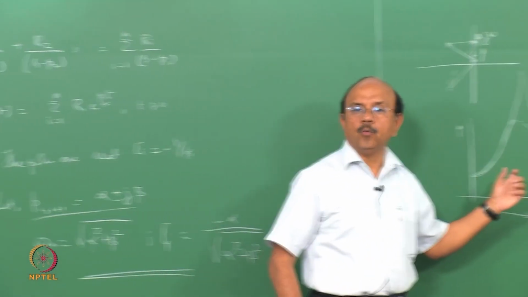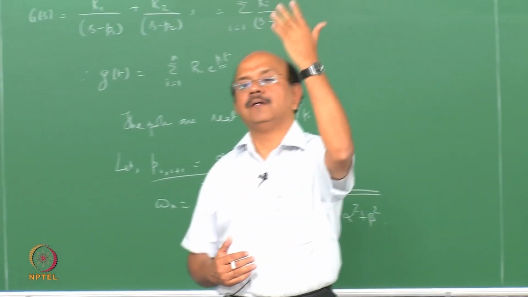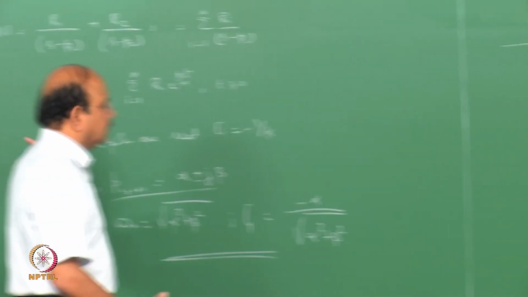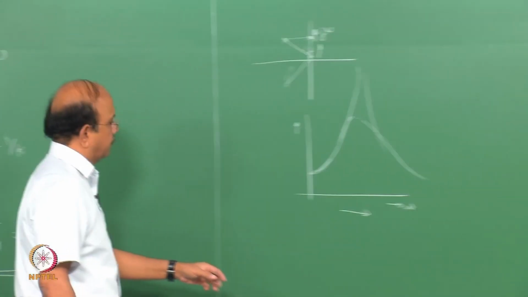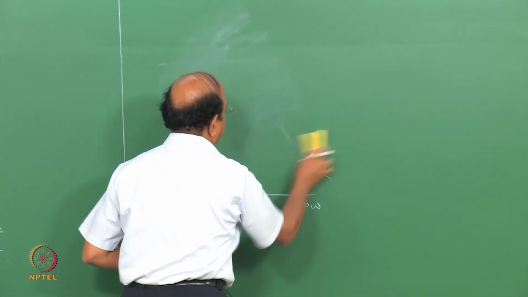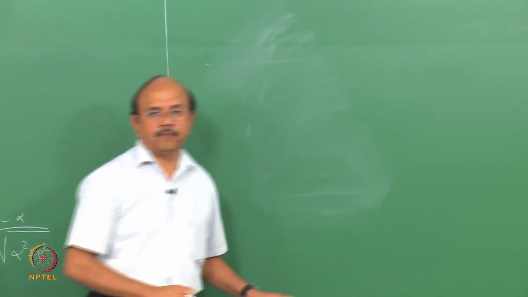When the distance is small, 1 by the distance is large, so the response is large. After all, you're looking at the response on the left hand side. So that's a neat interpretation for the frequency response function.